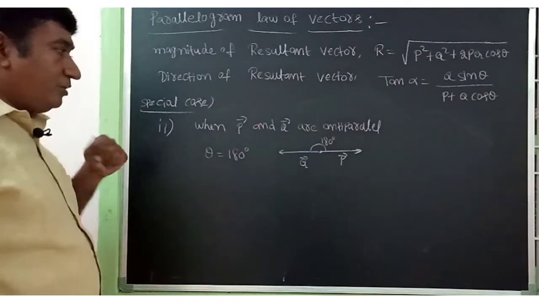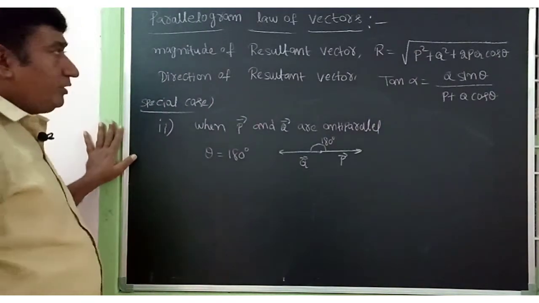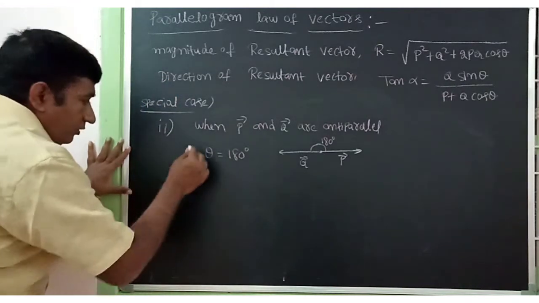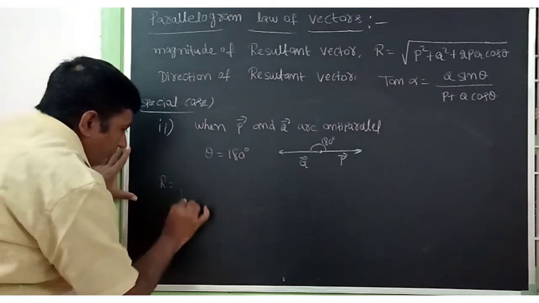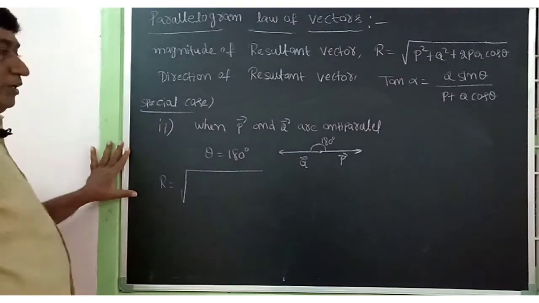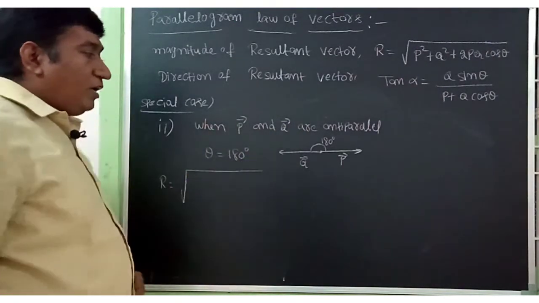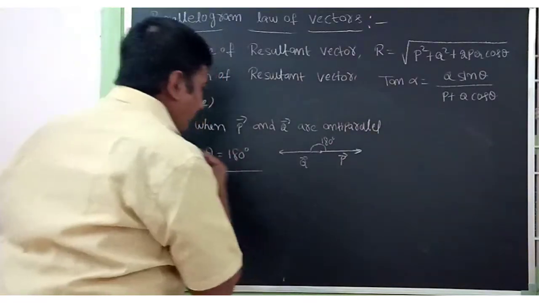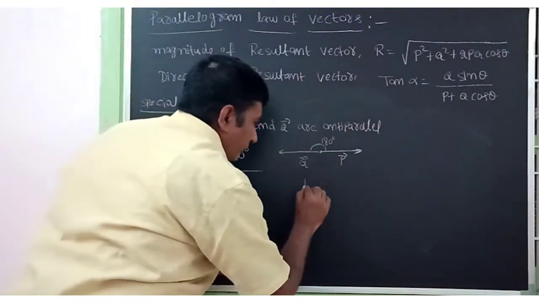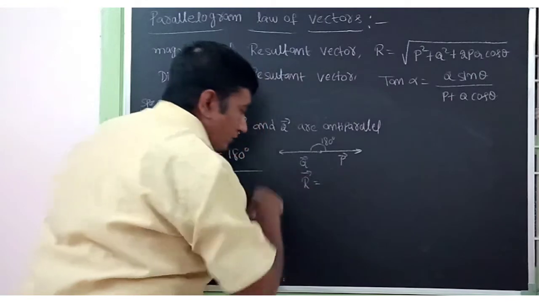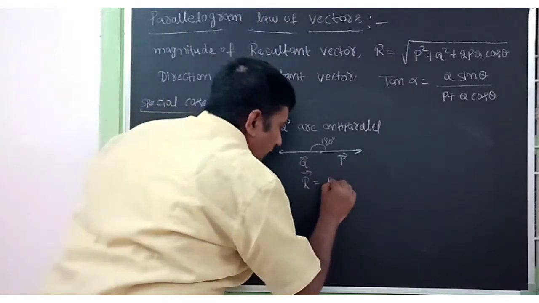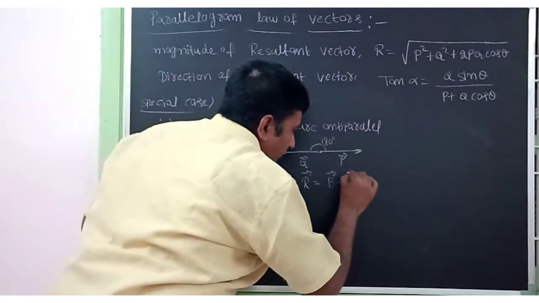In such a case, what are we going to get? The magnitude r is equal to root of, since anti-parallel means the resultant vector r is p vector minus q vector.